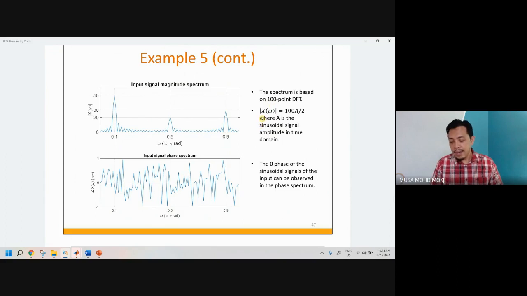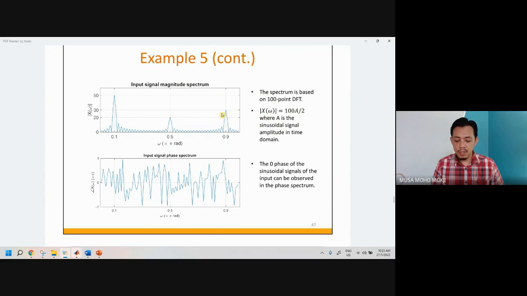If you observe, just as a fact, the magnitude here equals 100 A. The 100 is because you have 100 points in the time domain, and A is the amplitude divided by 2.